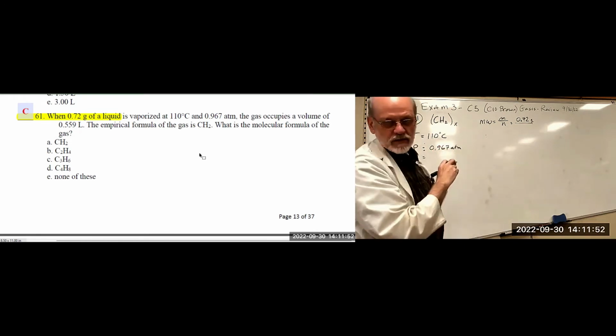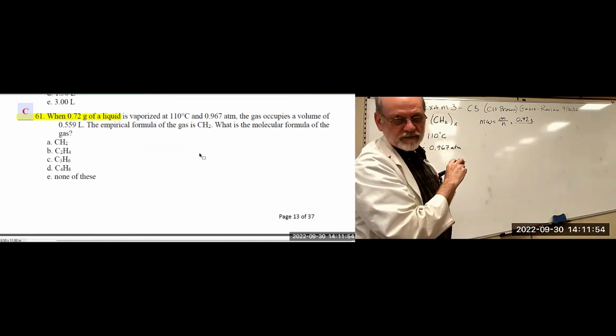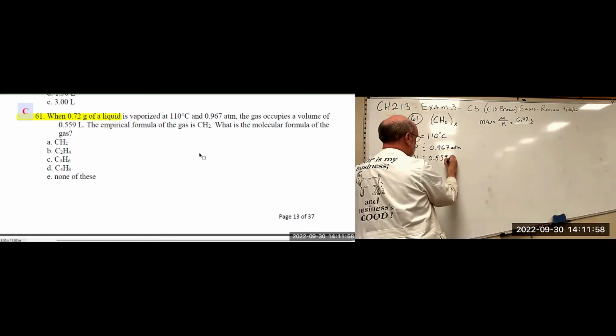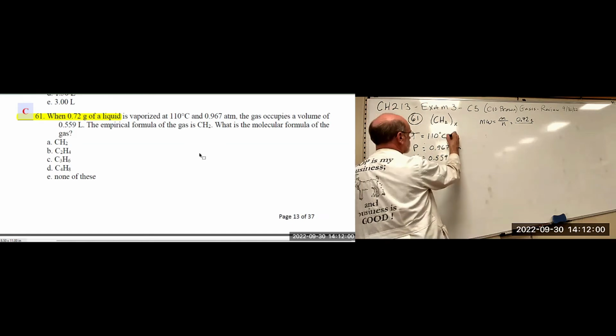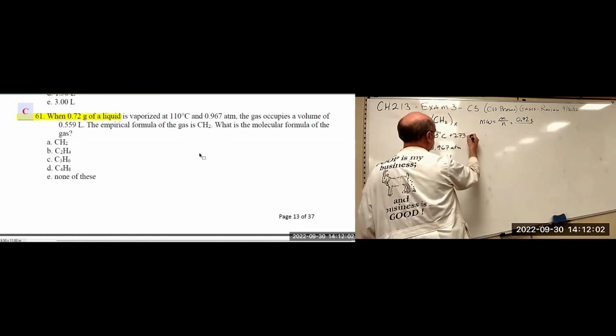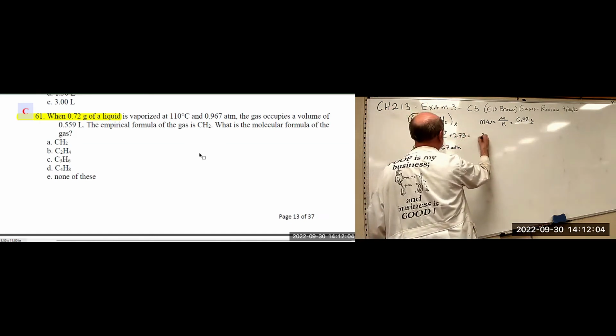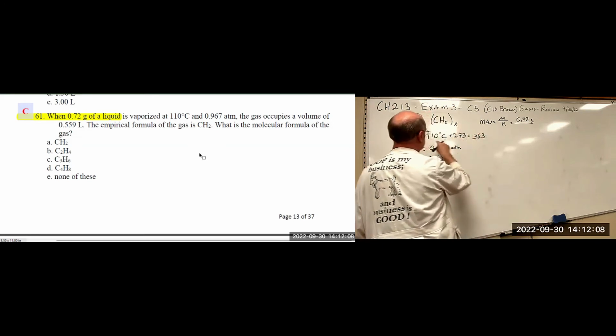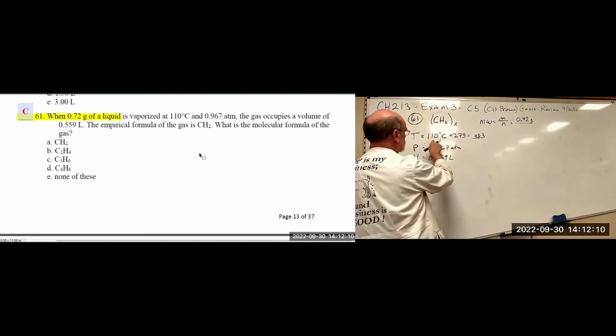How about volume? 0.559 liters. We just have to convert the temperature to Kelvin. 383, right? Yeah.